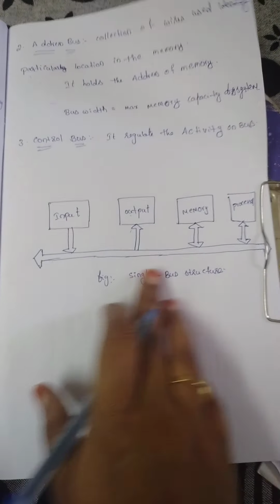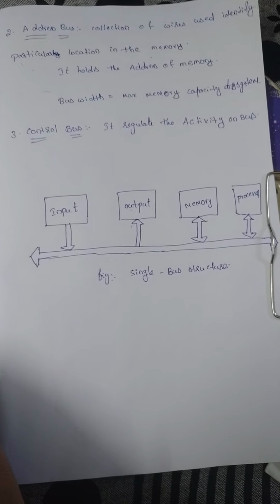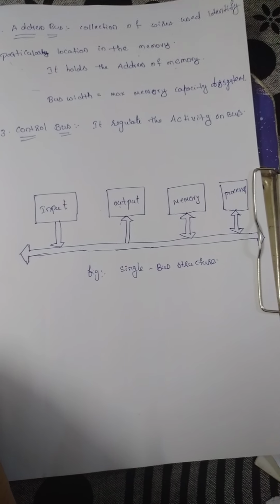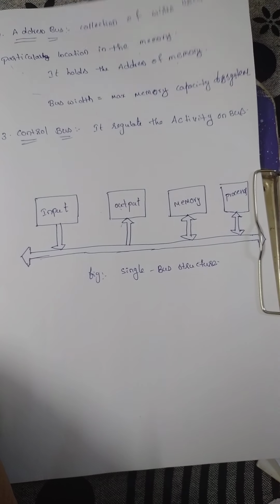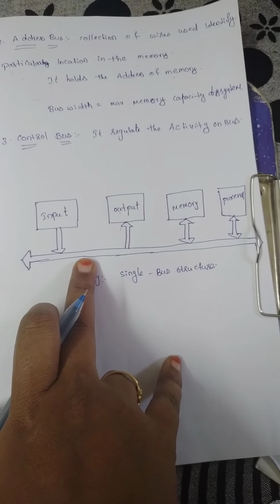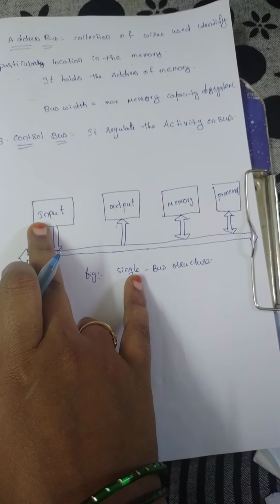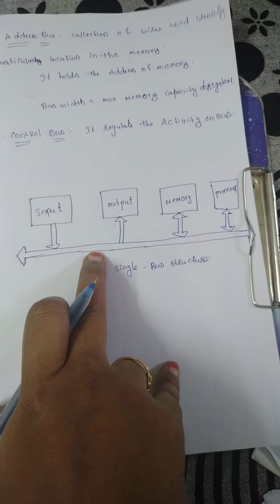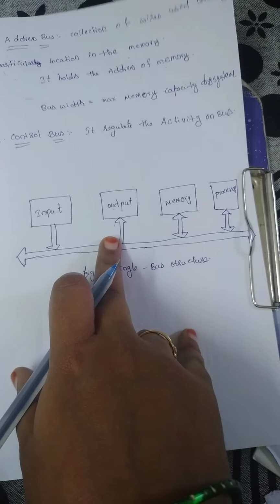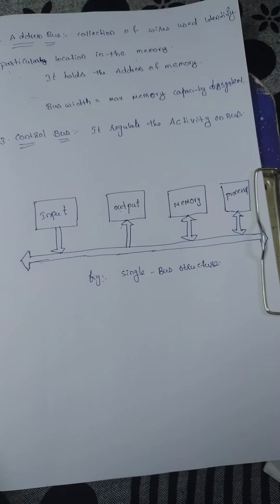Now we will see the single bus structure. Here all units, that is input, output, memory and processor, are connected to a single bus. The input device transfers data using the data bus, and the output device, memory and processor also transfer data using the data bus.